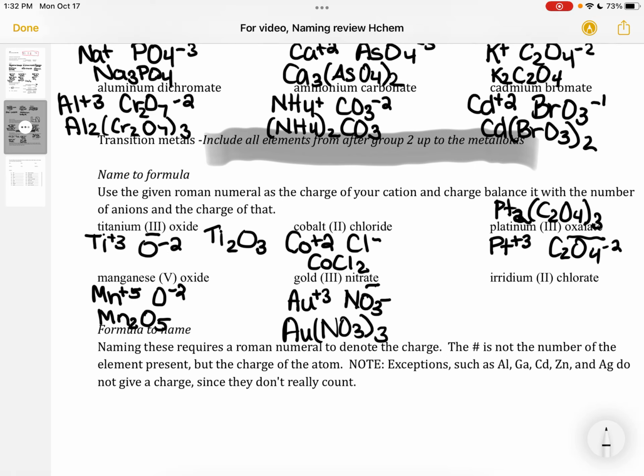Next we have iridium 2 chlorate. So iridium with a +2 charge. Chlorate, ClO3 -1 from the polyatomic sheet. So this is going to need 2 chlorates. So Ir(ClO3)2. Okay.